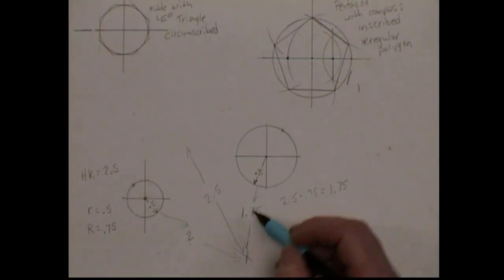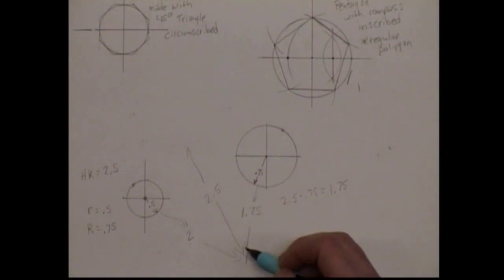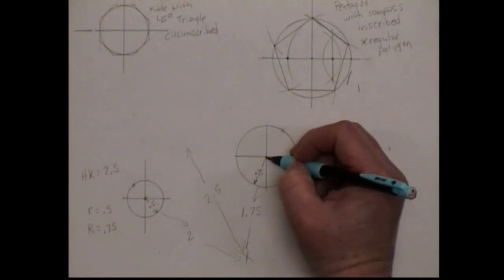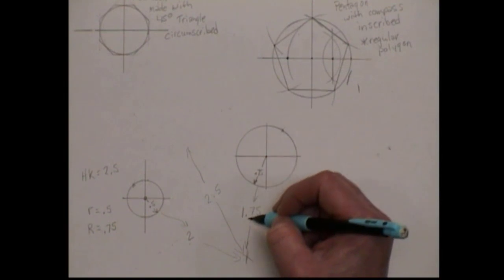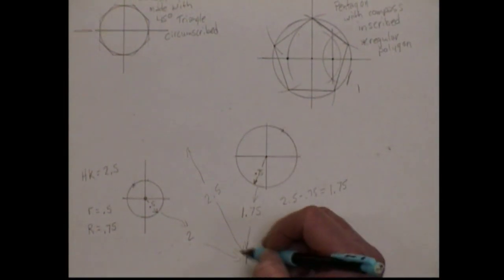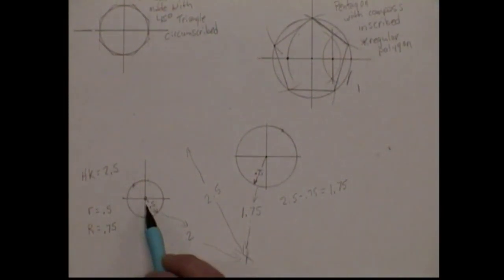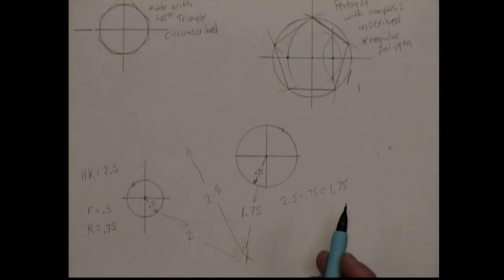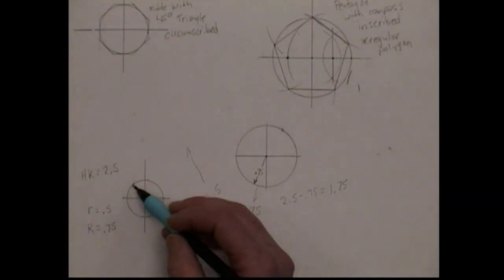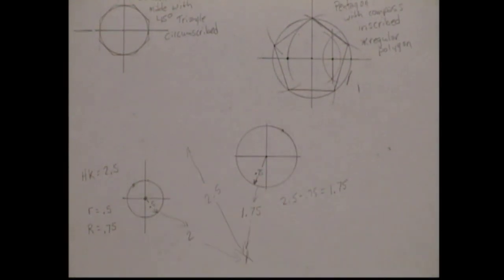So why we needed to figure out this distance is because we can put our compass at this center, wheel it out to 1.75, strike an arc, then put our compass to this center, wheel it out 2, and strike an arc. And where those two arcs intersect, that's going to give us the center point for that tangent arc.